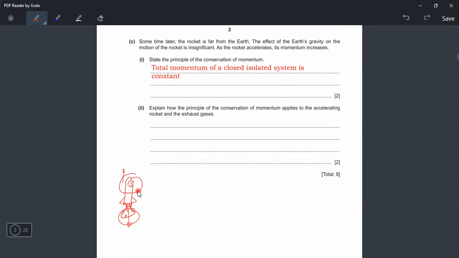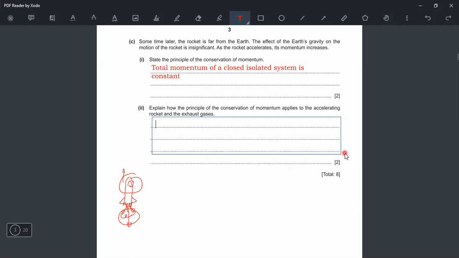So explain how the principle of conservation of momentum, meaning the total momentum is the same, or the change in momentum of the rocket is equal to the change in momentum of the gas, these should be equal. So we're going to first explain how the rocket moves. So the rocket moves upward with increasing momentum. Cool, because it keeps speeding up. That's fine. But what happens to the gas?